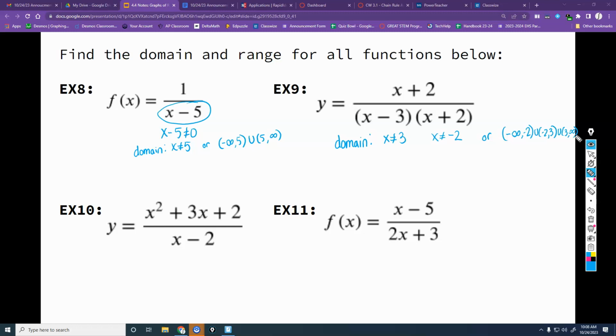Okay, for 10, William, what value would give me a 0 in the denominator there? 2. So my domain for that one would just be x cannot equal 2. Or if it's written the other way, negative infinity to 2, 2 to infinity.